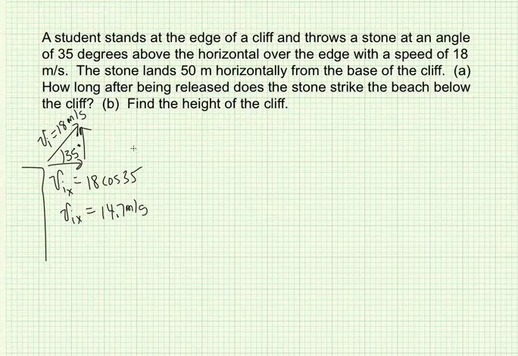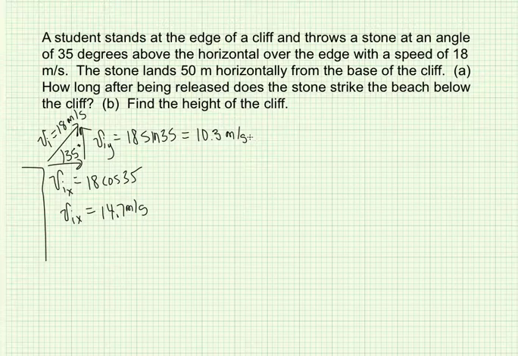And I need to do that with the y direction as well. My initial velocity in the y direction is going to be the opposite side, so that's going to be the sine function. So I'm going to take 18 sine of 35, which is 10.3 meters per second. As soon as you see the velocity is at an angle, you might as well go ahead and break up the components because we're going to have to focus on just horizontal and vertical.